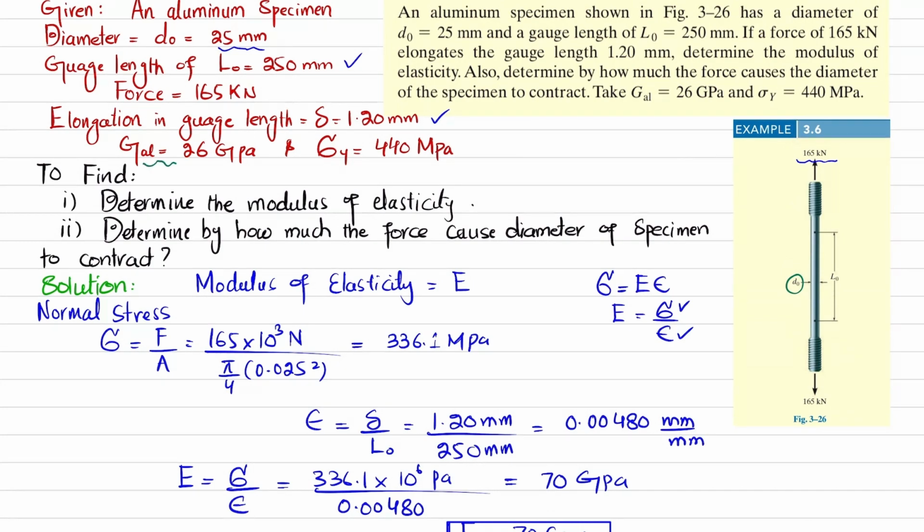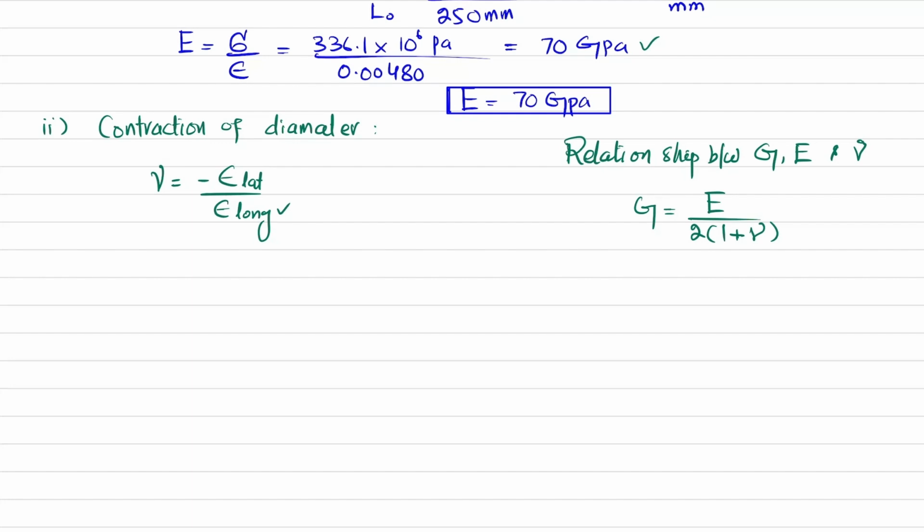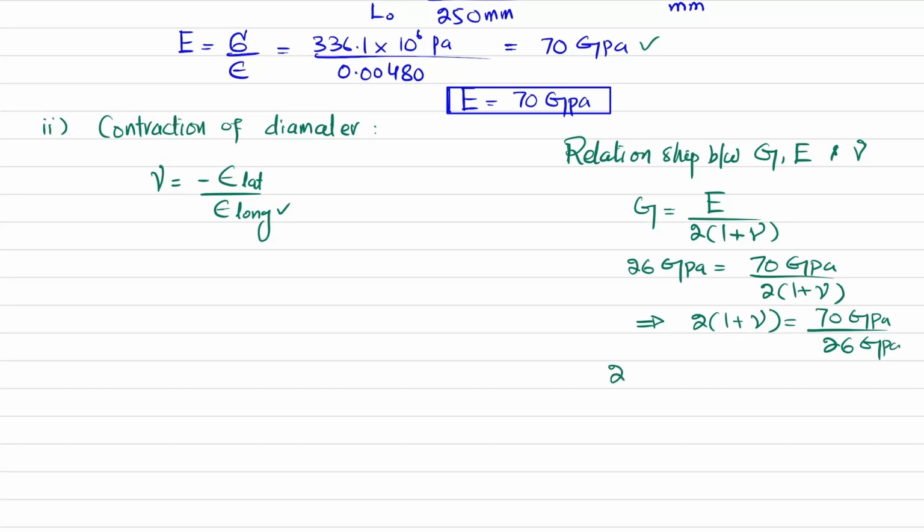G is given, E we have found as 70 gigapascal, so we'll find nu. G is 26 gigapascal, so I will write 26 gigapascal, E is 70 gigapascal, divided by 2 into 1 plus nu. From here you get 2 into 1 plus nu is equal to 70 gigapascal divided by 26 gigapascal, and 2 plus 2 nu is equal to 70 divided by 26.